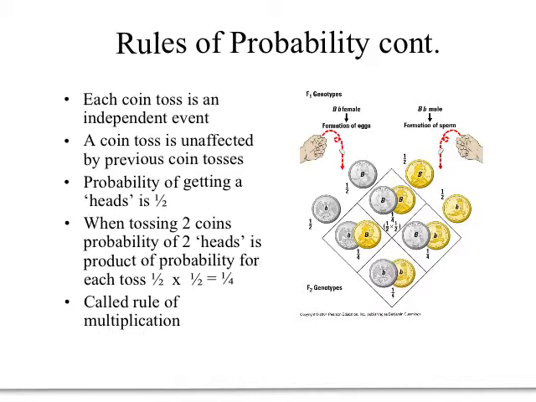When tossing 2 coins, the probability of getting heads is a product of both tosses. So to get 2 heads in a row, the probability would be 1/2 times 1/2, which is 1/4. We call that the rule of multiplication. This is basically how the segregation of alleles within meiosis occurs as well.